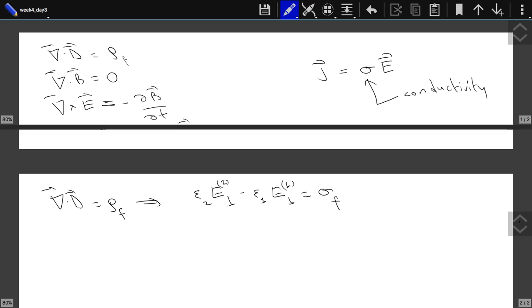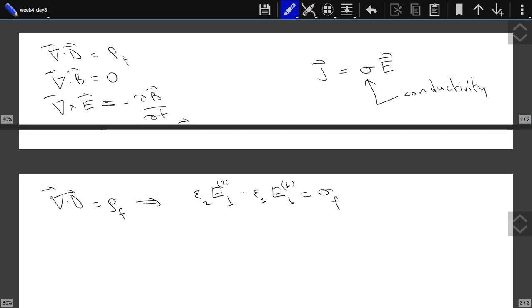Yes. So the electric field is perpendicular to the normal direction. So there is no component of the electric field perpendicular to the surface, in the case that we are studying, not in general.